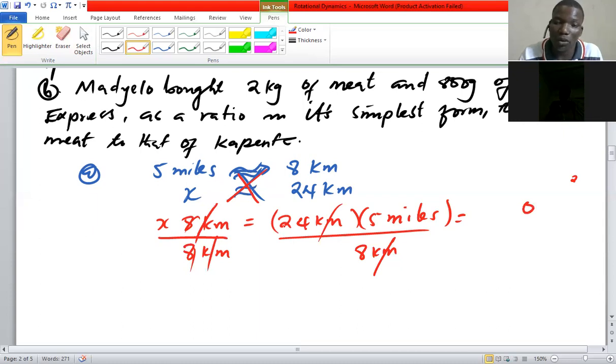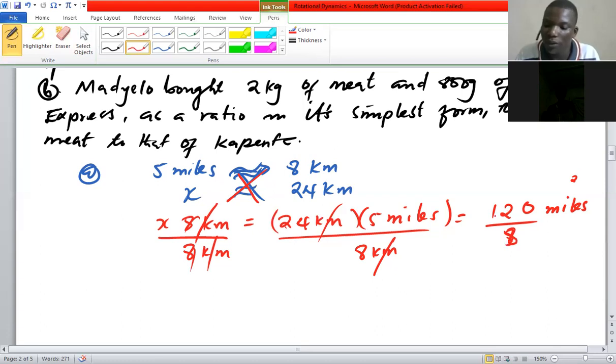And then 5 times 2 gives you 10, and plus the remainder 2 gives you 12.